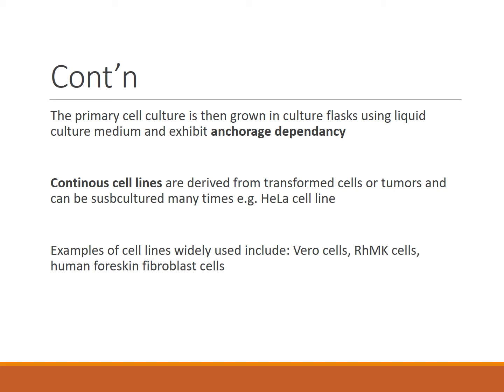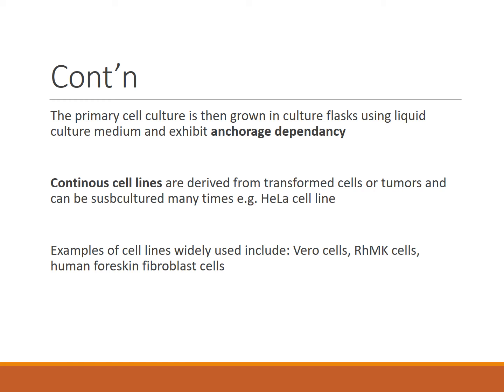This cell-to-cell interaction will turn off the mitosis and thus turn off the growth in population. That requires subculturing that cell culture into a secondary flask, which we will now call the secondary cell culture.